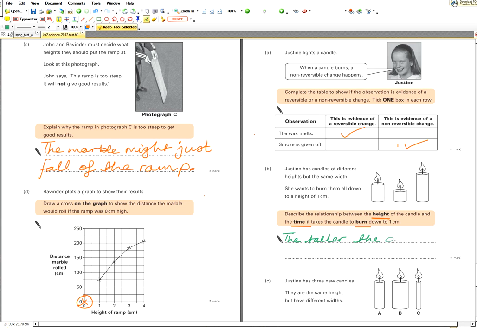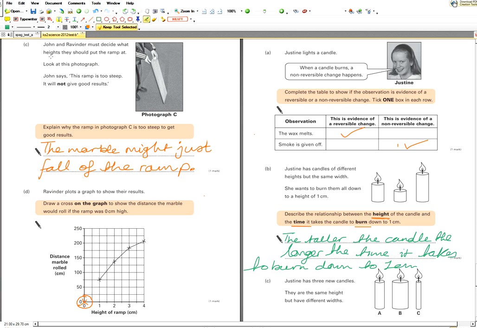So the taller the candle, the longer the time it takes to burn down to 1 centimeter.